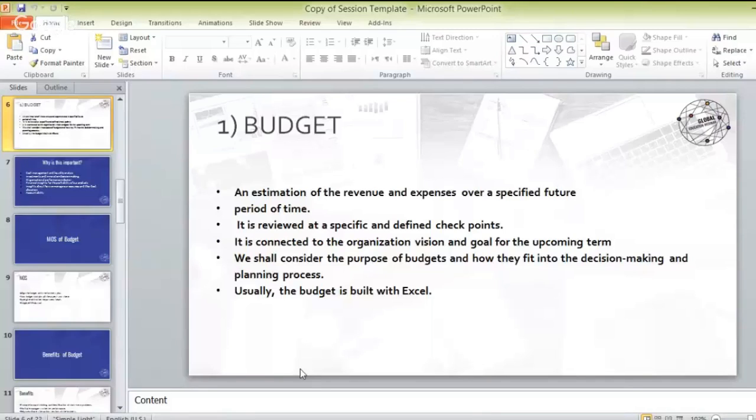If we are focusing on branding, I have to allocate some of our resources to branding. If I'm focusing on value delivery, I have to invest in value delivery. If I'm gonna cut cost, I shouldn't cut cost from value delivery. I should cut cost or generate a revenue stream from other stuff. And we shall consider the purpose of budget and how it fits into the decision making and planning process.